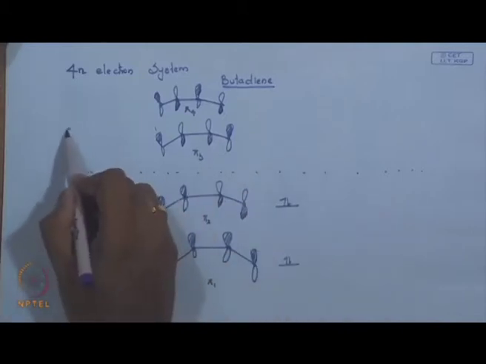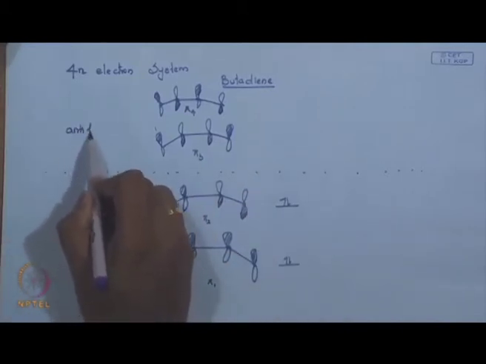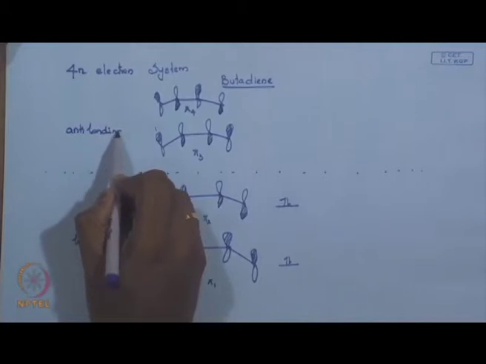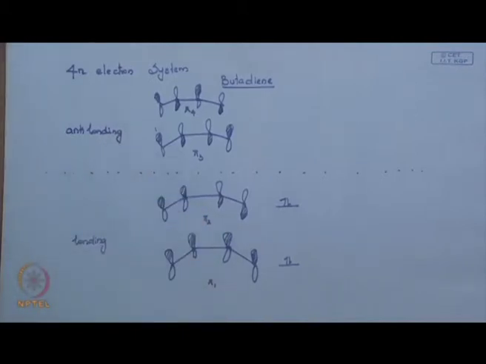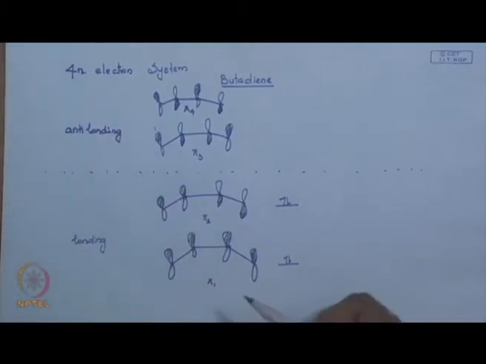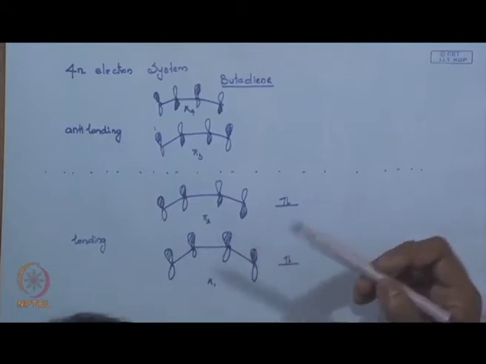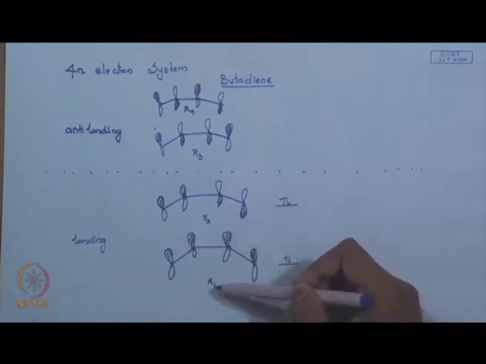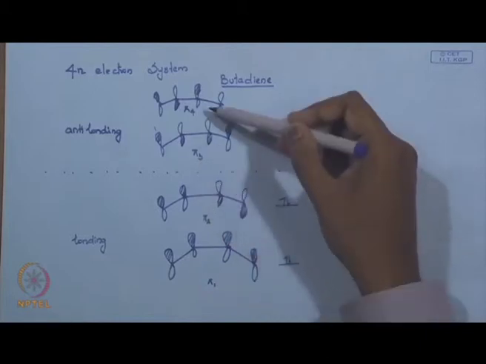This is your anti-bonding. So this is your system of butadiene which you have already studied. So this is your pi 1, pi 2, pi 3 and pi 4.